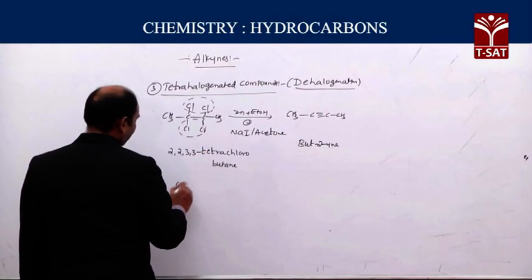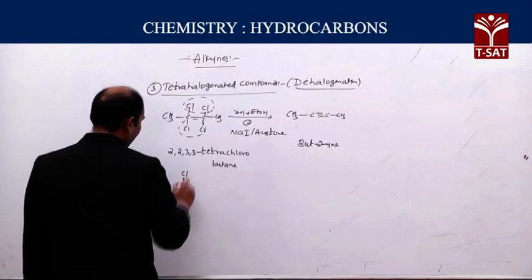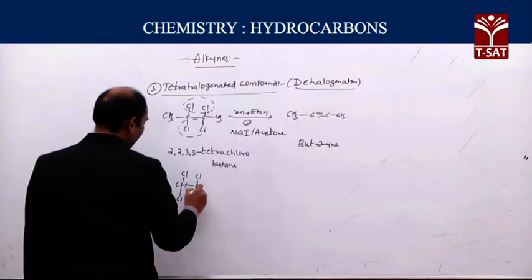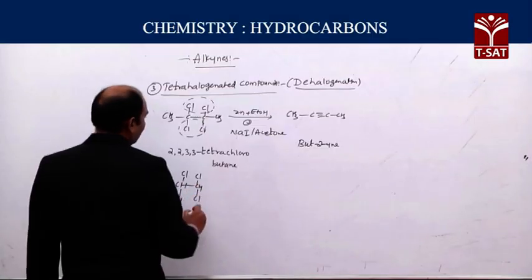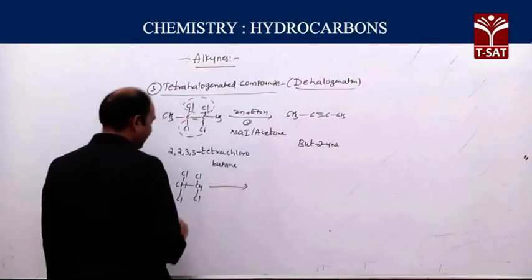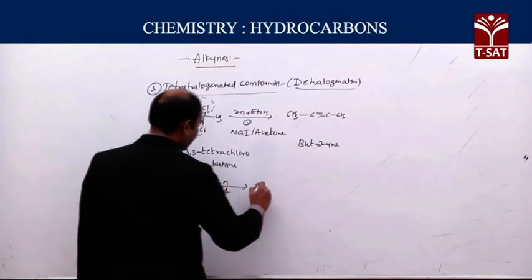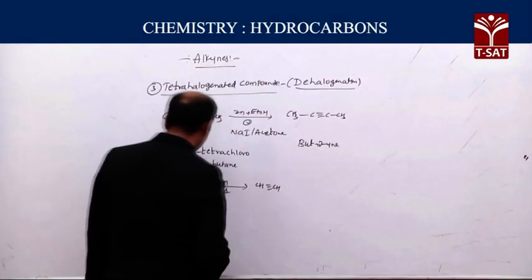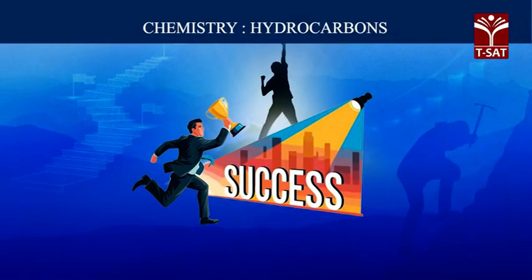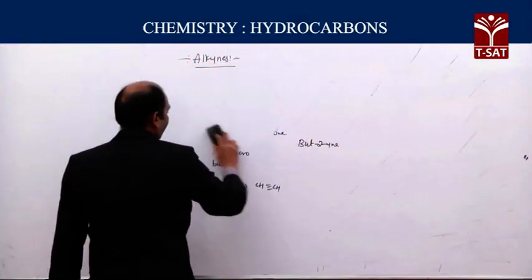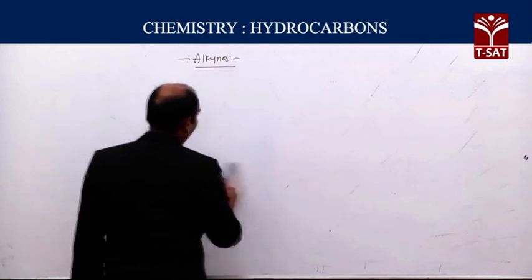Actually, suppose you take CHCl2-CHCl2, and it is treated with zinc, we get acetylene, CH triple bond CH. So this is the preparation of alkynes from tetrahalogenated compounds, completed.